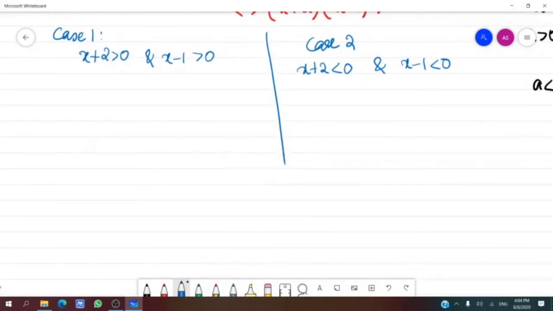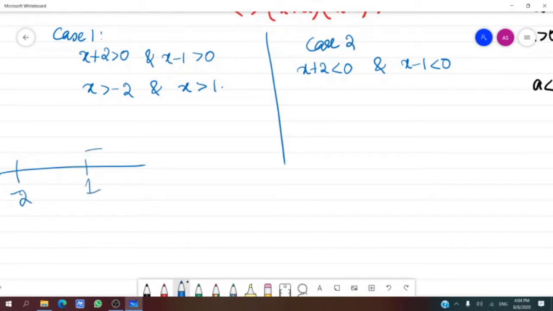So x plus 2 positive means x is greater than minus 2. X minus 1 positive means x is greater than positive 1. X is greater than minus 2 and x is greater than 1 means x is greater than 1. Okay.